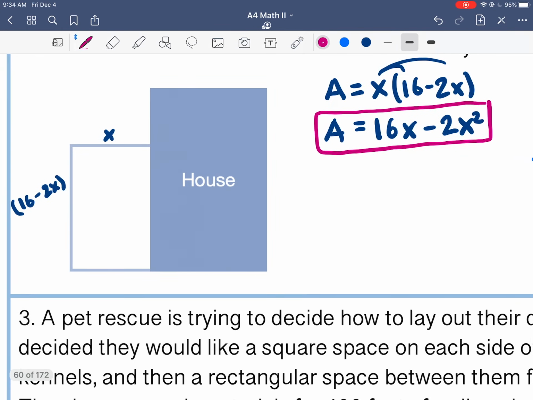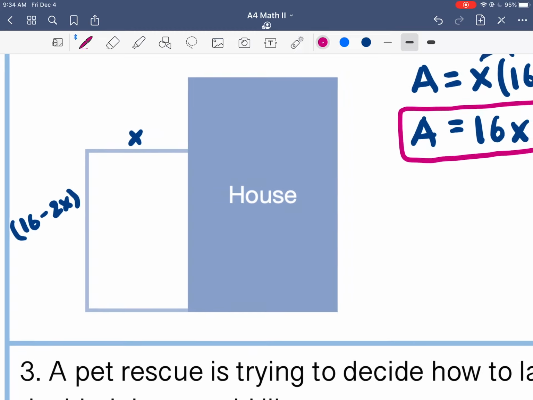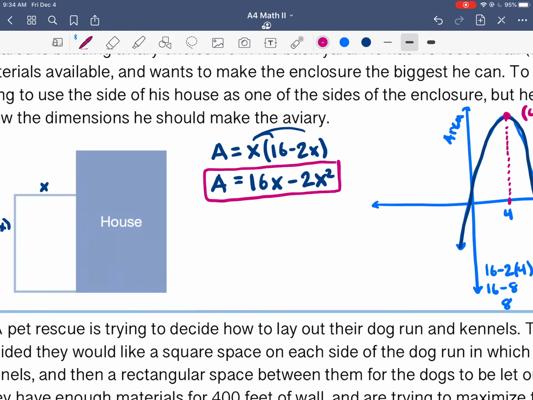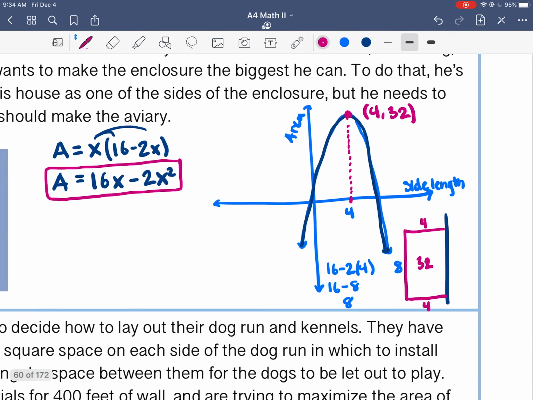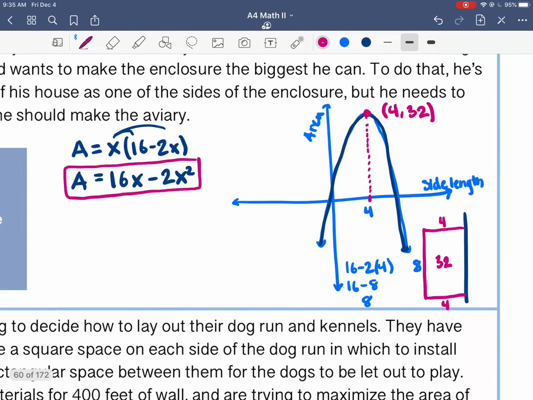For some reason, not having to build one side of the rectangle makes it so that it's a rectangle instead of a square that gives us the optimal area. Interesting. So our answer to this question is the optimal side length would be 4 feet by 8 feet, which would give us an area of 32 feet squared.